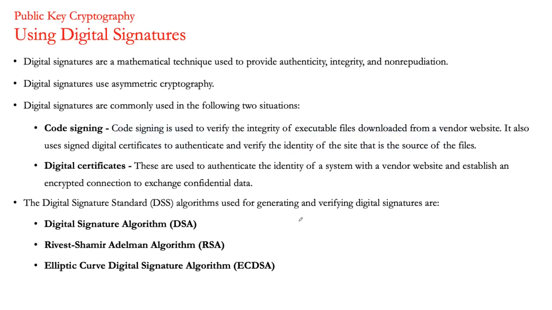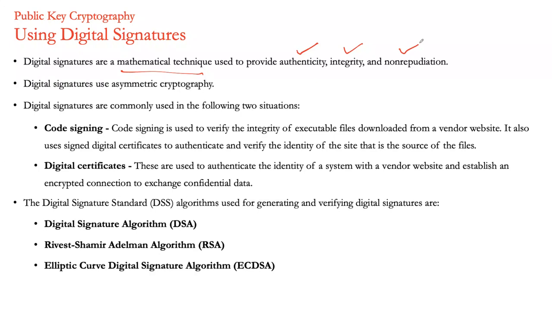That concept we call public key cryptography. In public key cryptography, this is achieved by digital signatures. Public key cryptography using digital signatures. These digital signatures are mathematical techniques which are used to provide authenticity, integrity, and non-repudiation also.